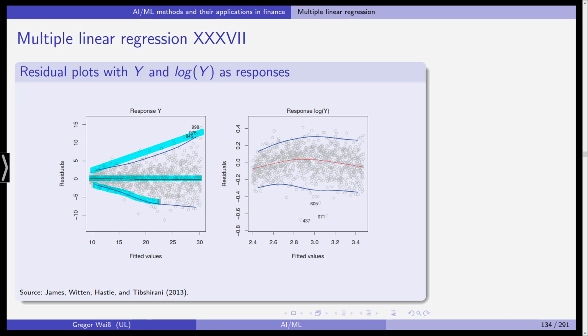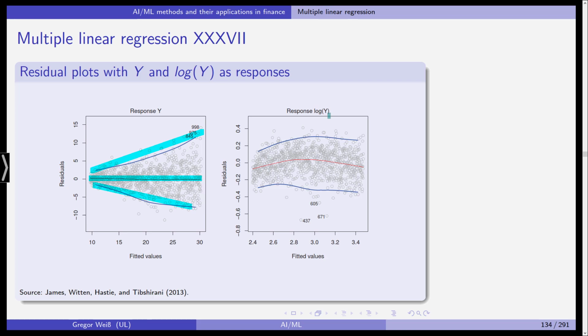And this is what you can see from this funnel shape of the residuals, in contrast to the one you see on the right. Now, in the left plot, we clearly have the problem of heteroscedasticity. The variance of the error term in the data increases from left to right.